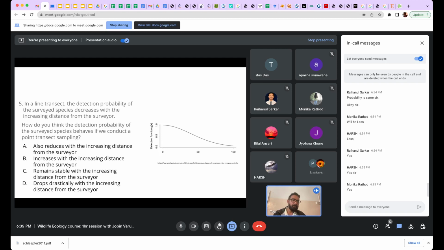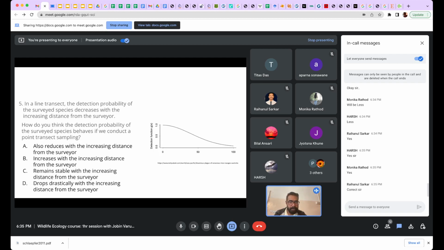So in both cases, anybody could be the observer, but if I am the observer and the bird is closest to me, I will be able to recognize the bird. I'll be able to see the bird much better than when the bird is very far away from me, or when the distance of the bird from my position increases.